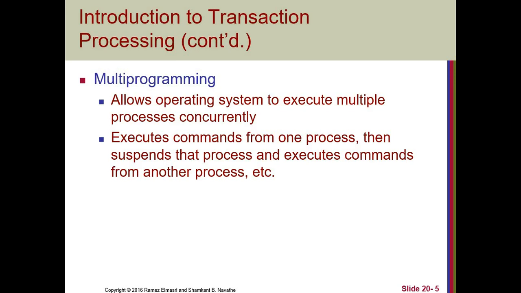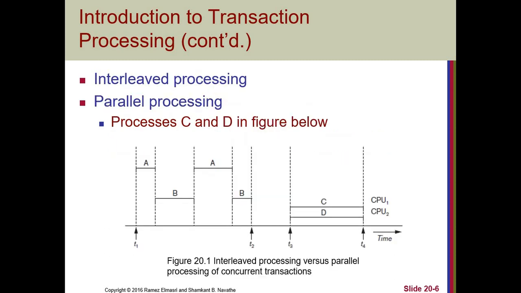Generally, what happens here is the processes which require the least amount of bits or bytes go first. Here we have an example of interleaved processing, which is done concurrently, and parallel processing, which is like multi-programming, where the quicker task goes first, then the next process.